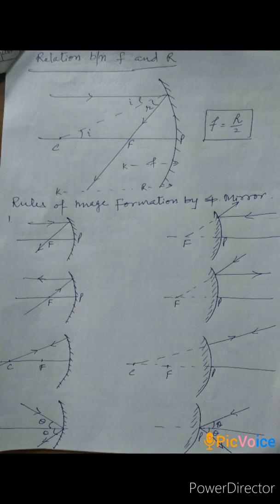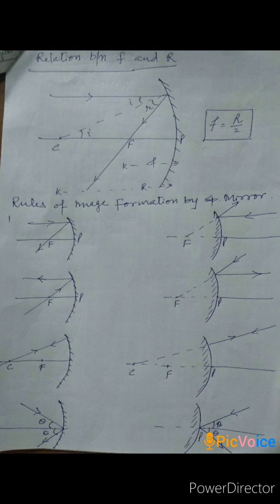The next relation, between focal length and radius of curvature, we have done in the 10th standard. So a diagram of it is given here. The light ray parallel to the principal axis falls on the concave mirror, and after reflection it passes through the focus.